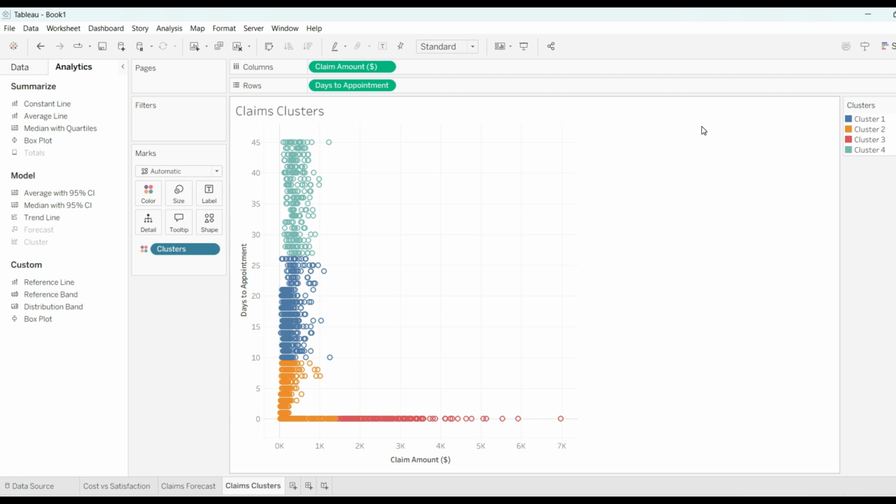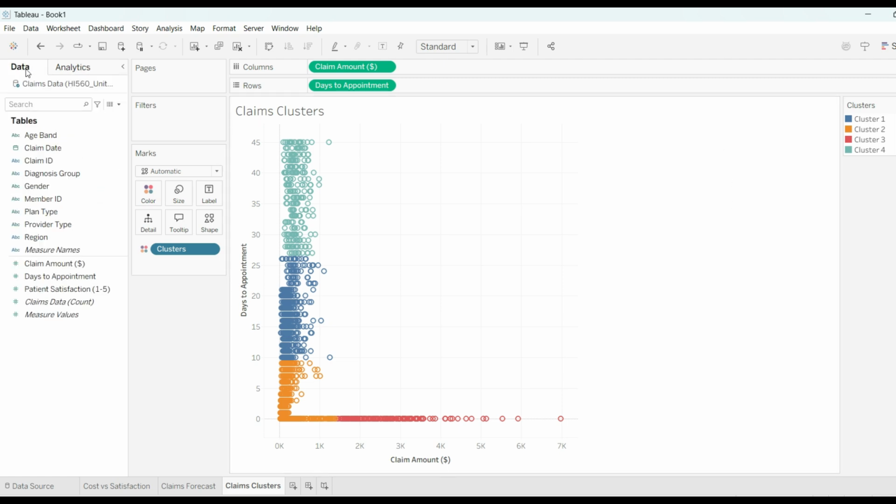So if I drag my provider, let's go back to our data, provider, to detail, not color, so we don't want to mess up our clusters, all right? So look at the tooltip now.